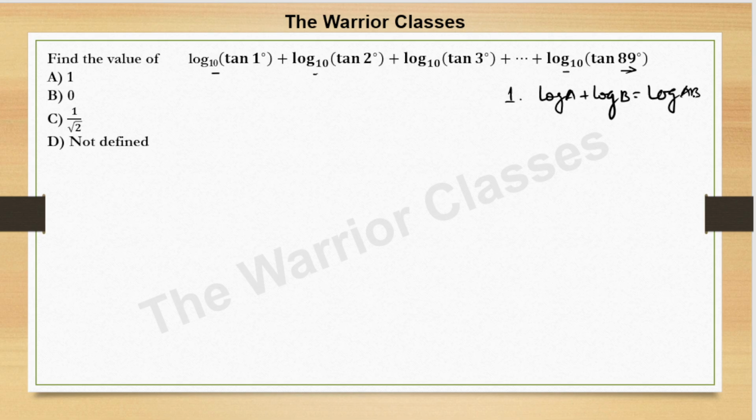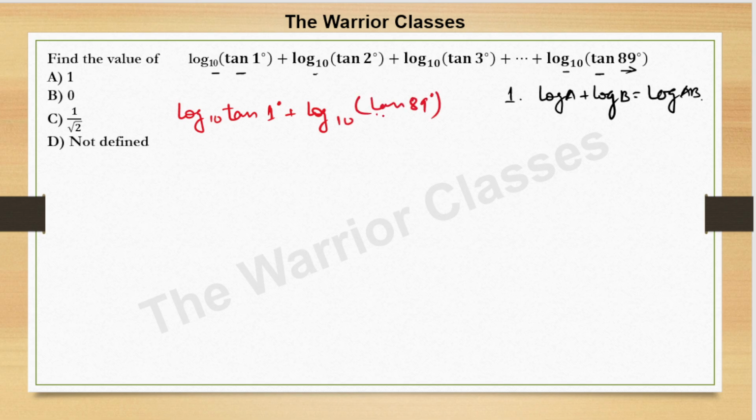Now in the next step, we will take the first term and the last term. The first term here is log base 10 of tan 1 degree plus log base 10 of tan 89 degree, right?